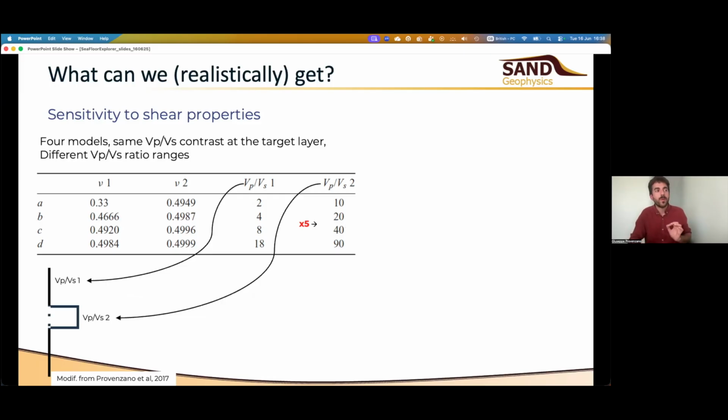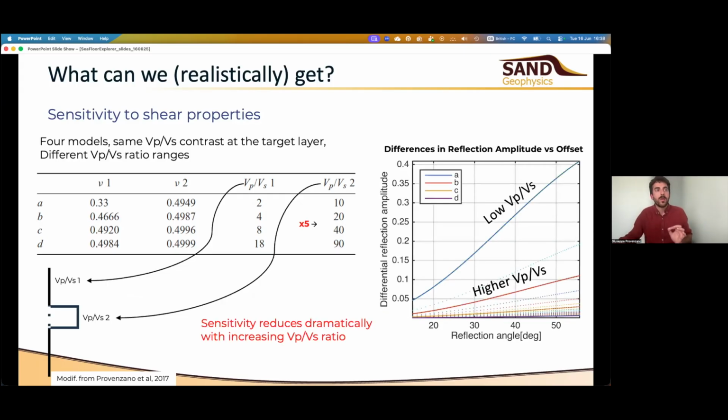But if we just do a simple synthetic, you see how in the low VP to VS ratio condition, more similar to a rock, let's say, there's a big change in reflection amplitude versus offset. But if you move to a behavior more similar to a soil, it's very little. It's 5%, and we are talking about reflection angles of 50 degrees.